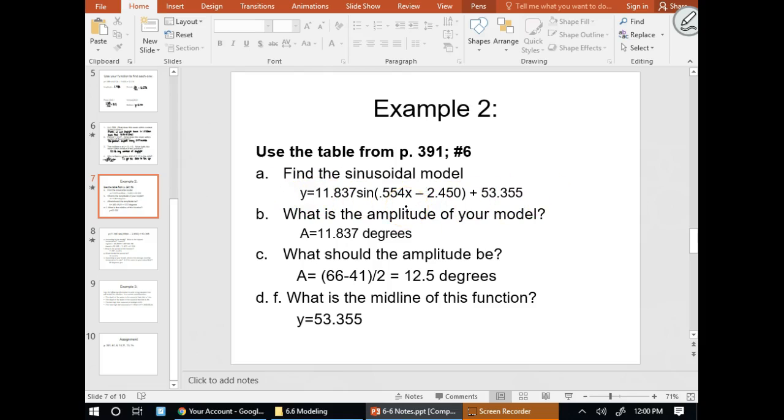Let me look there so I can remember the situation to tell you about. For that problem, it is months and temperatures. The table, which I'm not going to copy down here, is the months, and I believe it's average temperatures for that month.